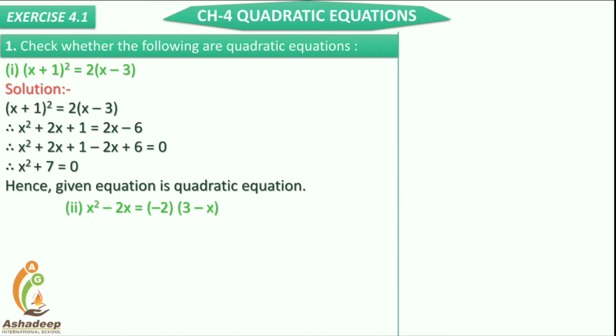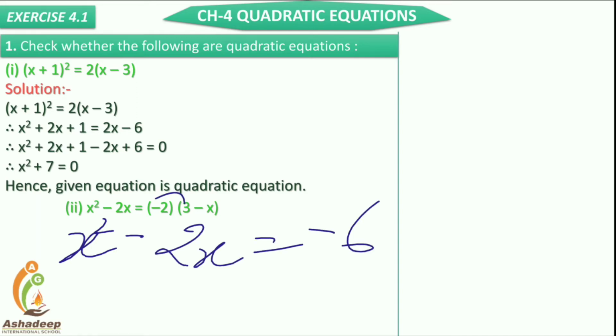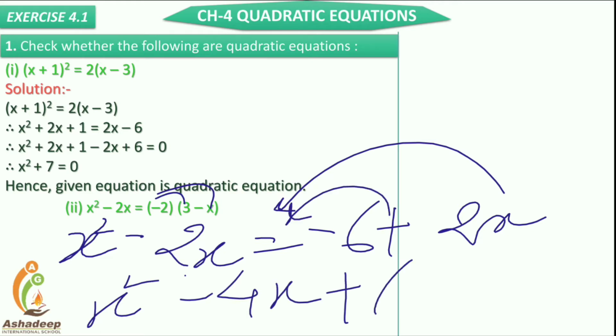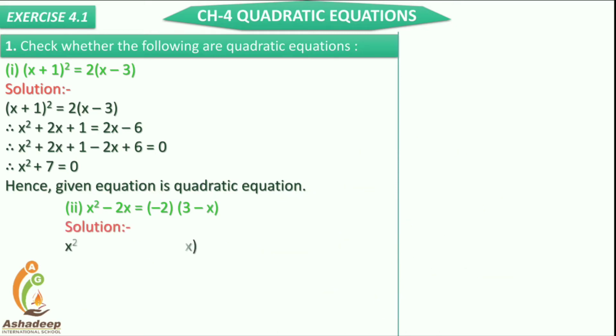Now the second one, the same thing we have to repeat over here. x square minus 2x. This is 3 twos are minus 6, minus into minus plus 2x. Now this plus 2x comes to the other side, it becomes minus. So x square minus 4x, and this minus becomes plus 6 is equal to 0. So yes, it is also the quadratic equation. It is just a simplification thing.